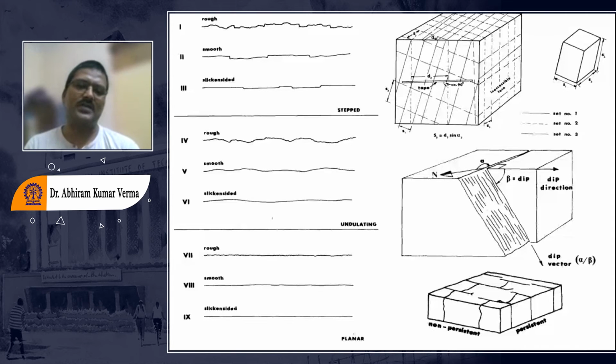So this line is representative, if I'm talking about a 3D surface, of the maximum roughness provided at the surface, representative of all the possible lines which can be drawn on the surface, right?